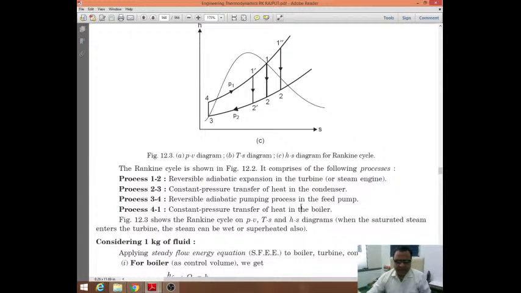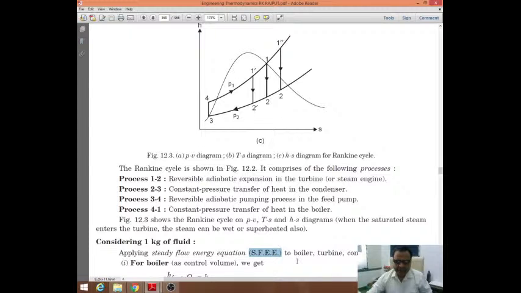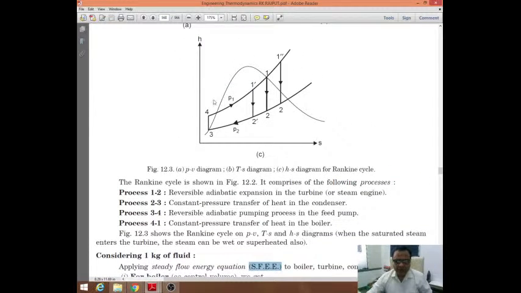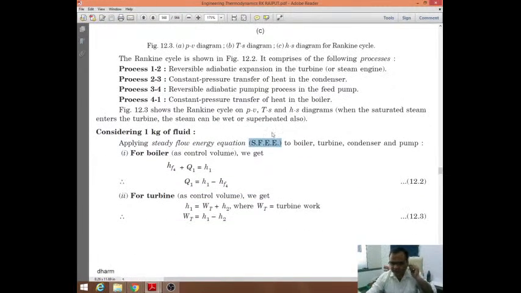Now how to find out the efficiency of this cycle? You have to use the steady flow energy equation for that. I think I have already discussed this in the last but one lecture, how we apply the steady flow energy equation. If you apply the steady flow energy equation, that is the first law of thermodynamics basically, to all these processes, because all these are flow processes, we get very simple equations like this.